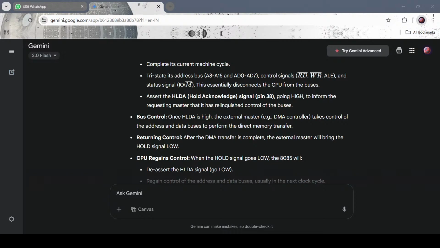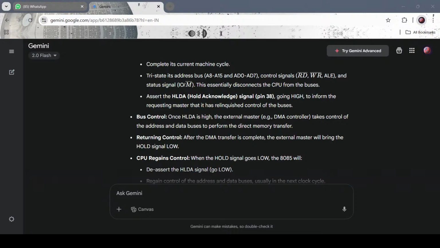HLDA is hold acknowledgement. Now the input was there that the DMA is requesting: bro, I am your friend, give me the keys of your house, the address and data bus.